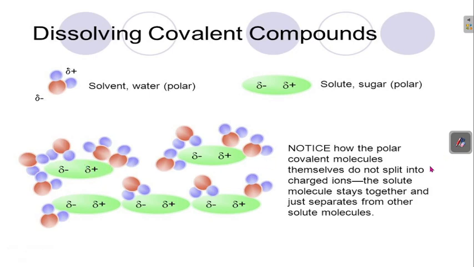So please notice that polar covalent molecules do not split into charged ions. Any polar covalent molecule that's your solute will not conduct electricity, because there are no charges moving around in the water. The whole molecule is still together. They just have been pulled apart from the crystal they had formed.